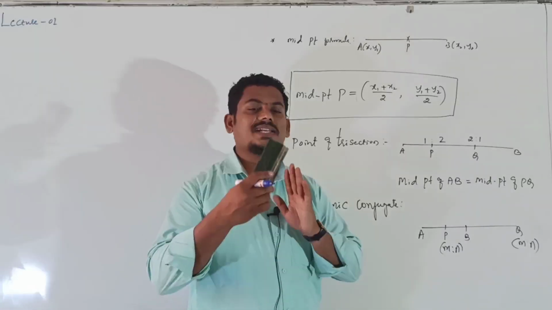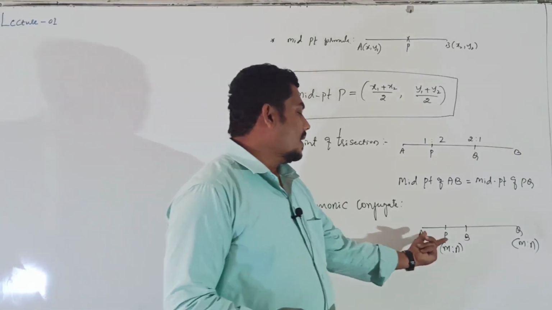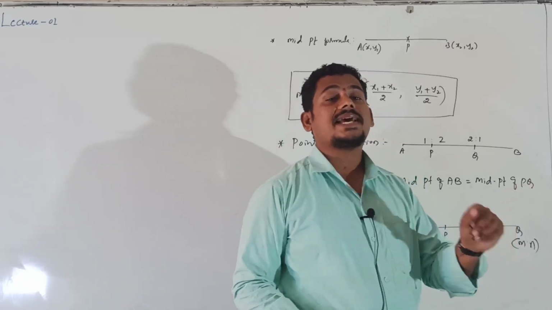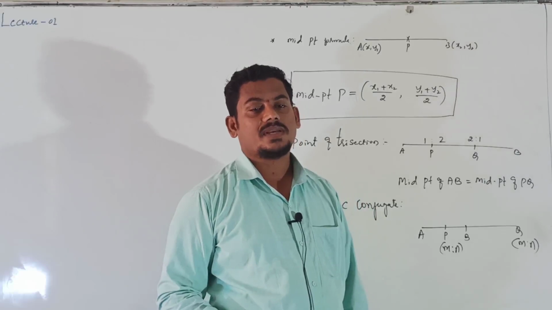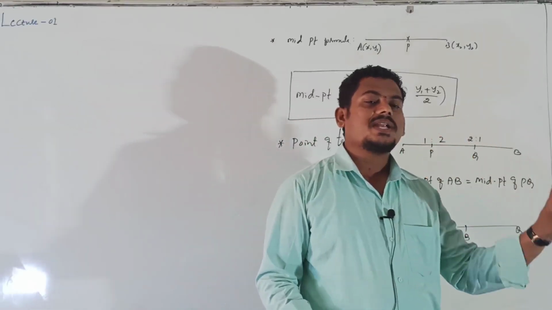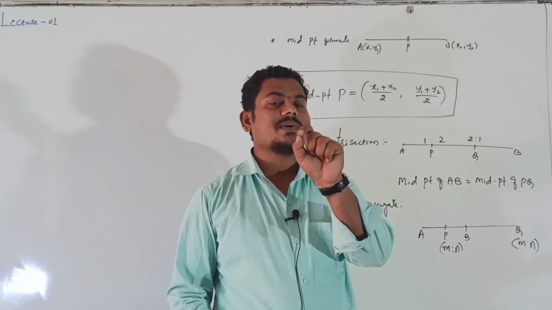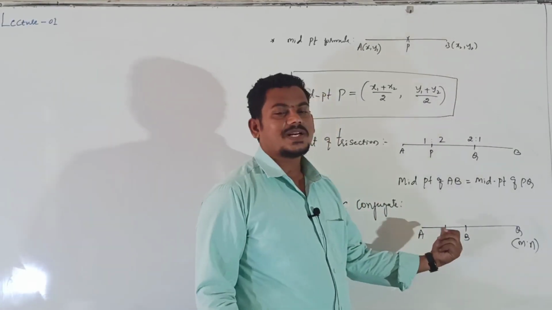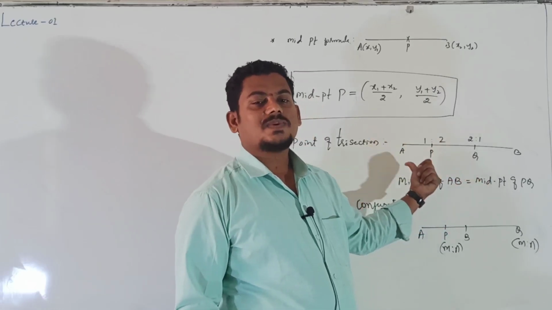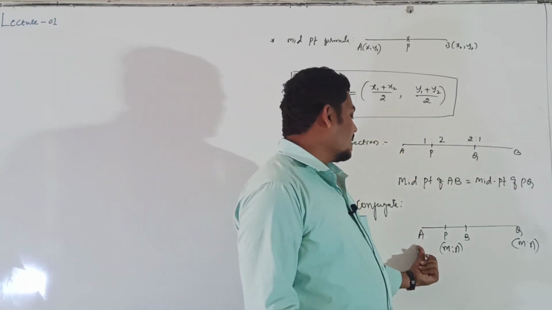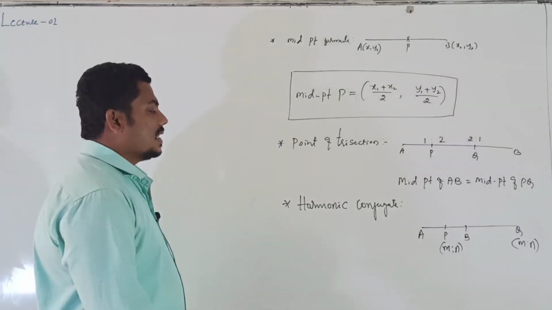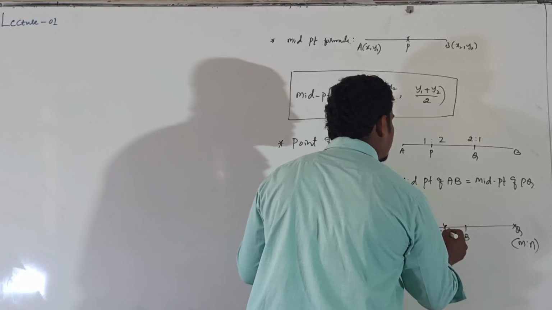P divides internally in the ratio of m:n and Q divides externally in the ratio of m:n, then P and Q are called harmonic conjugates with respect to AB. When they are points of trisection, they divide 1:2 and 2:1. In the case of harmonic conjugates, one point divides internally, the other externally in the same ratio.